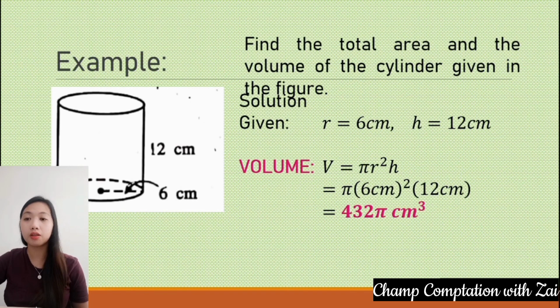So we have a total of 432 pi cubic centimeters. That is the volume of the given cylinder. That's all for the cylinders, the total area and the volume of a cylinder.